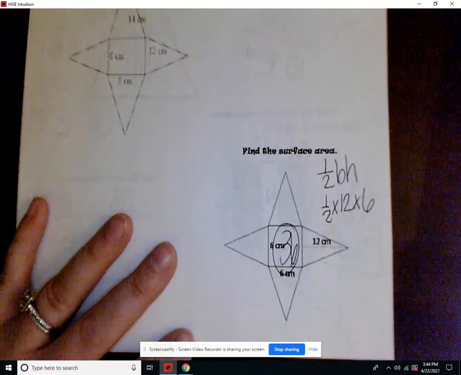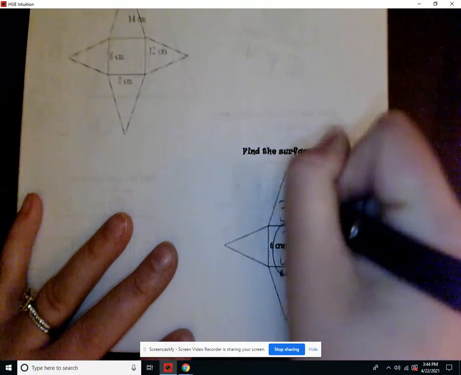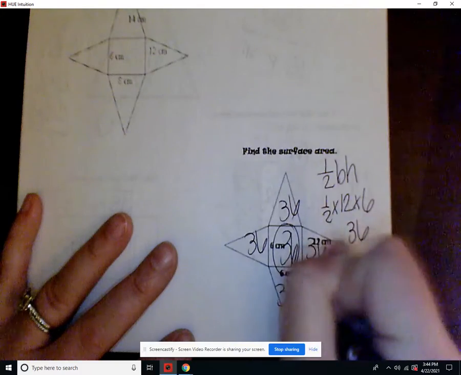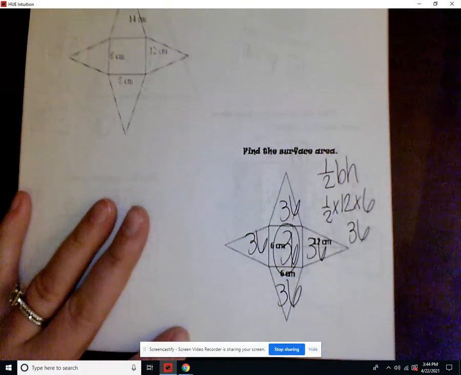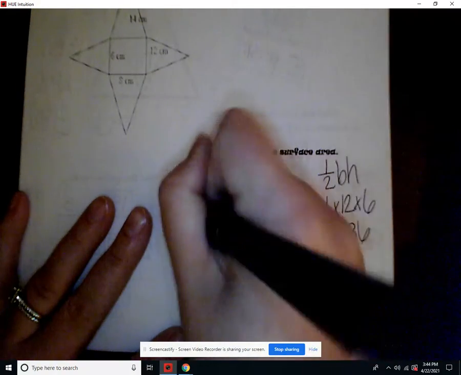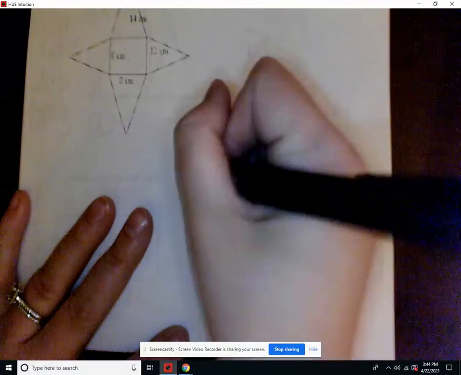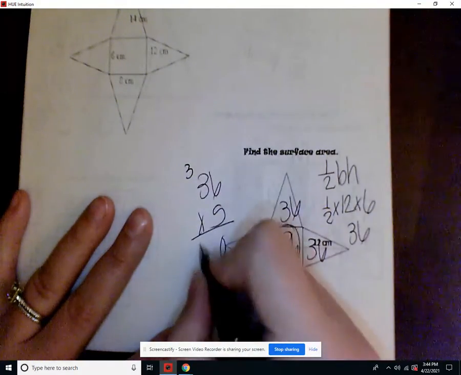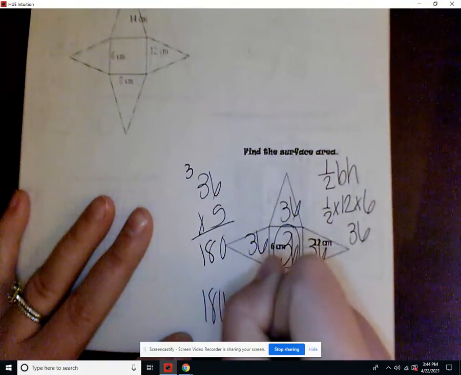Half of 72 is 36. So 36 is going to go all the way around. I have 1, 2, 3, 4, 5 of those. So a quick way is to do 36 times 5. And we get 180 centimeters squared.